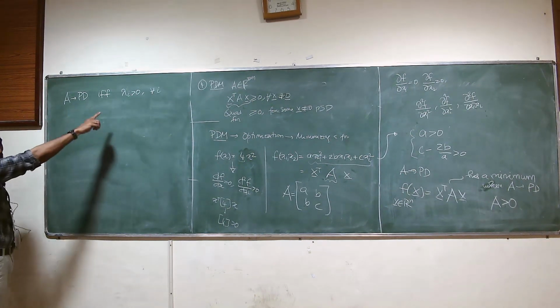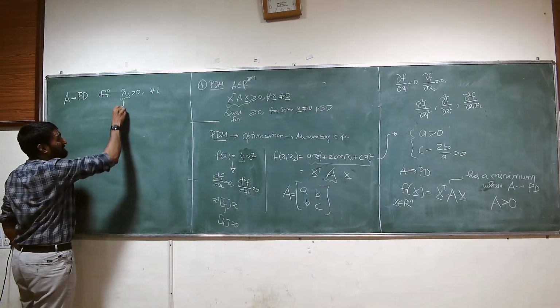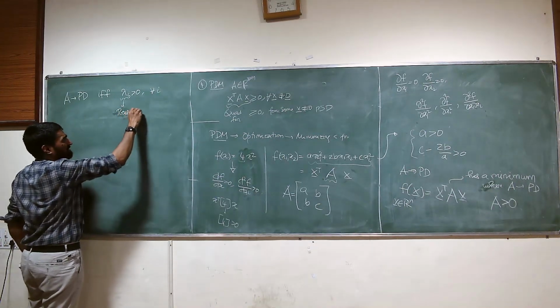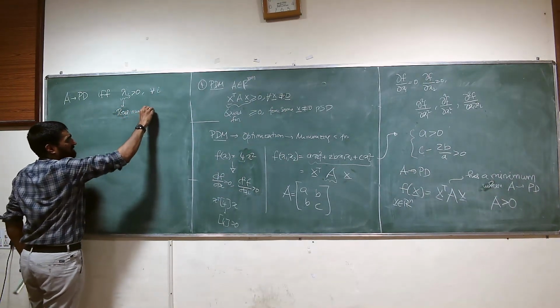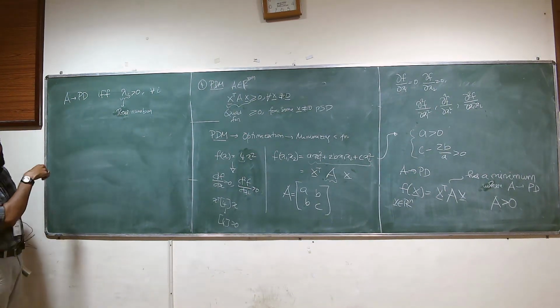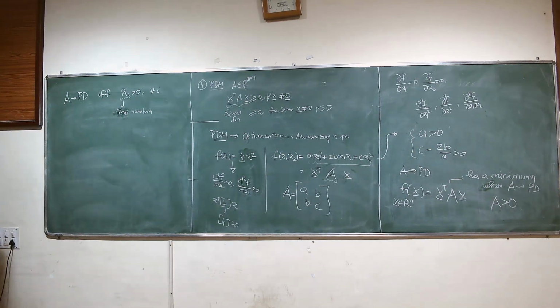See, when I wrote this down, I made this implicit assumption that this is a real number. Okay. And in what kind of matrices do we have eigenvalues that are always real numbers?